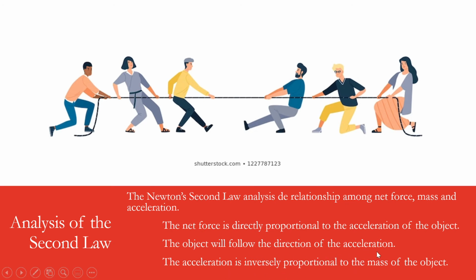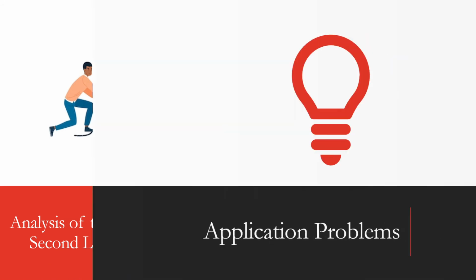So basically, if we increase the mass of the object, it is going to cause the acceleration to decrease. And the same thing, if we drop the amount of mass, we are going to increase the acceleration of the object. That's how we are going to make an analysis of Newton's second law on a pulling rope game.